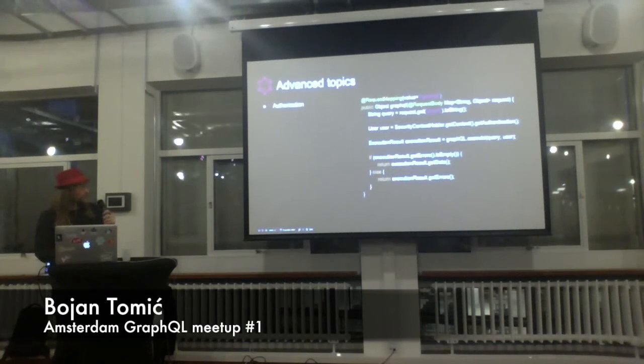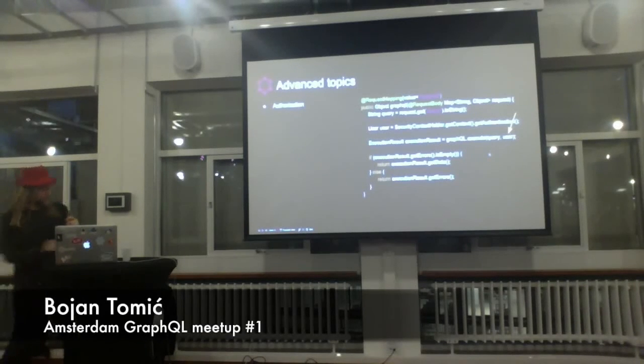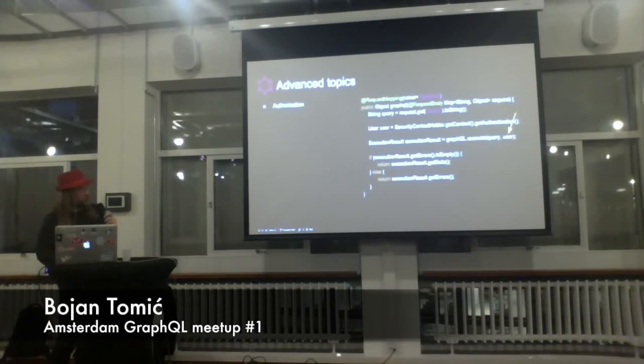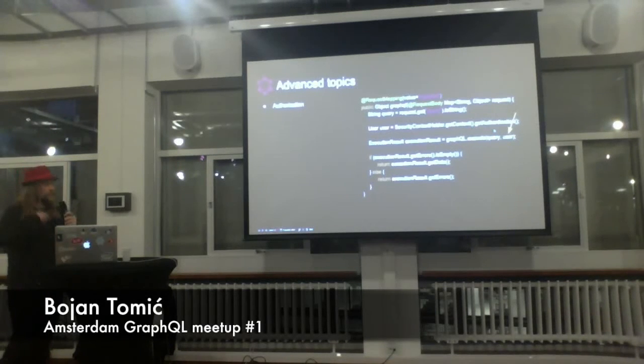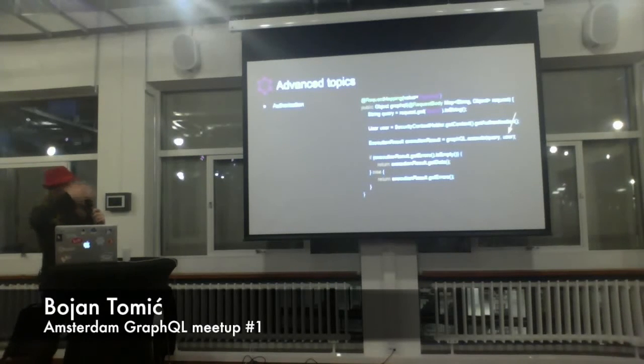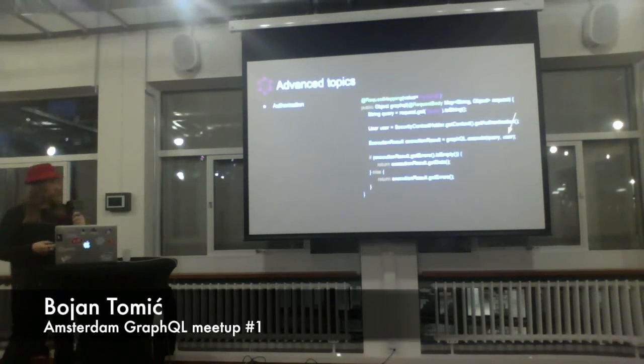So you could do things like this. Let's say you get your current user by whatever means you do normally. And then you can provide this extra parameter. When you're executing the query, on top of the query, you can provide an extra parameter, which is a shared context. This context will be propagated down to every single resolver that gets triggered.